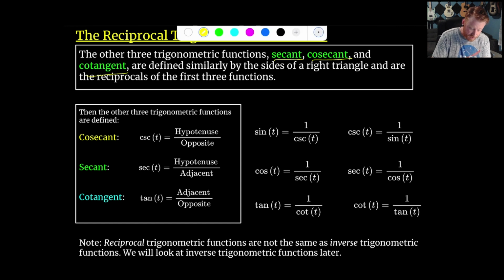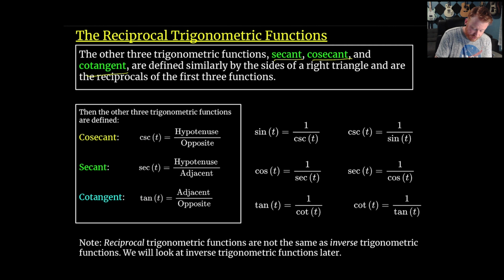So if you remember, what we had on the previous page was that the sine of whatever angle t is opposite over hypotenuse, and here we see that the cosecant is just flipped upside down, the hypotenuse over the opposite.